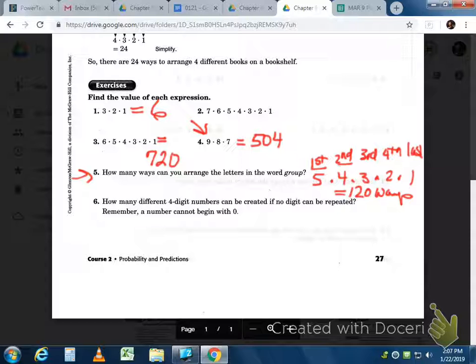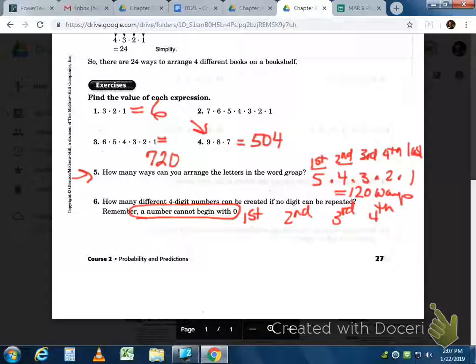So we've got the first spot, the second, the third, and the fourth. Some of this is kind of tricky. No digit can be repeated, but remember, a number cannot begin with 0.